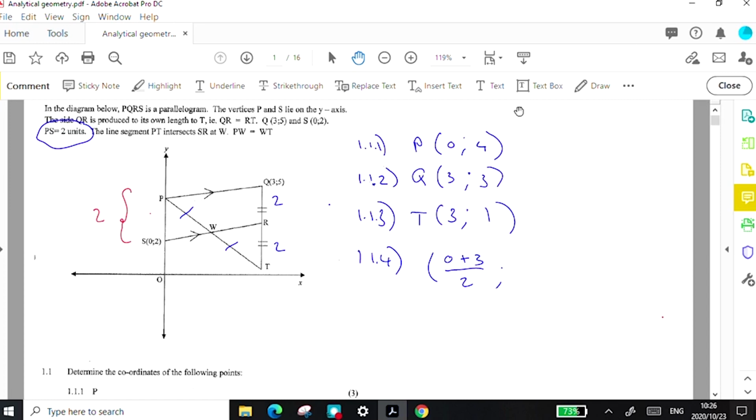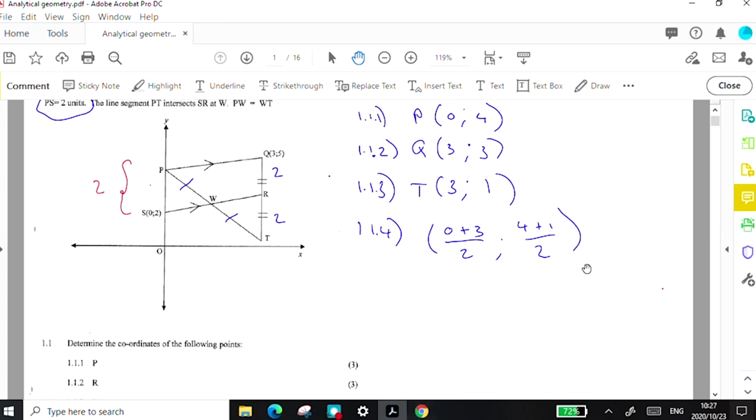And with the y values, with p, we have y equal to 4, and with t, we have y equal to 1. We're adding these two and dividing by 2. So the coordinate of w will be 3 over 2 and 5 over 2.